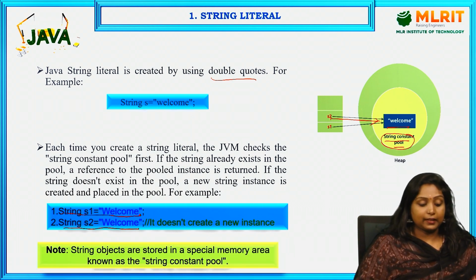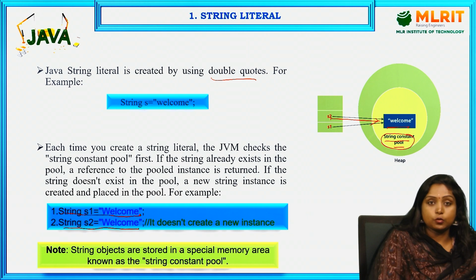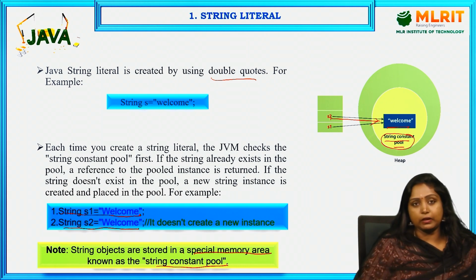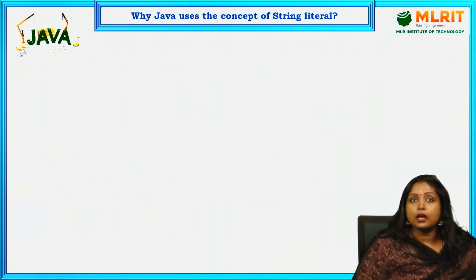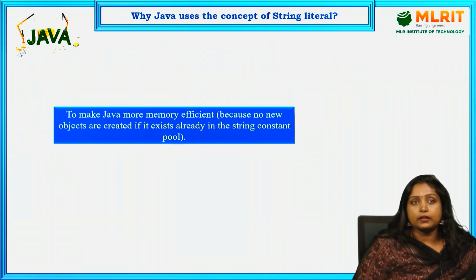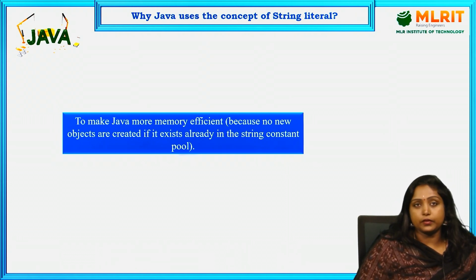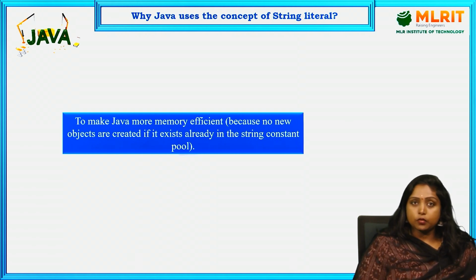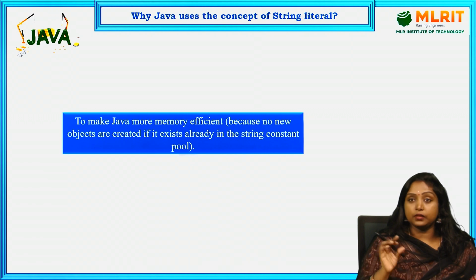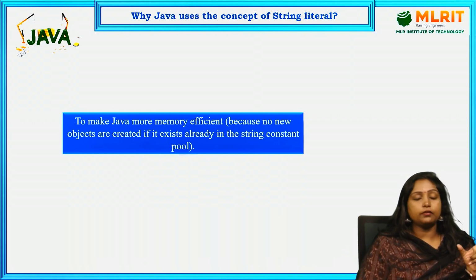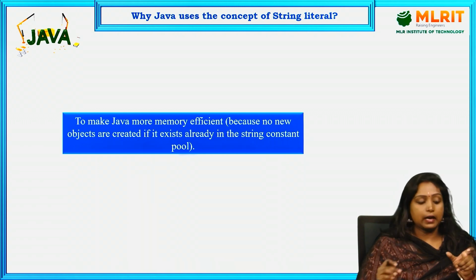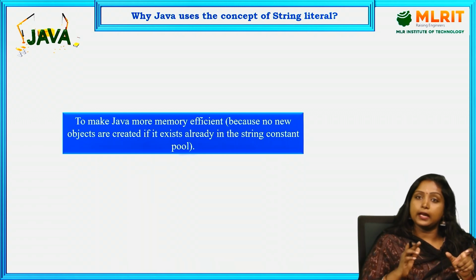Also, string objects are stored in a special memory area known as the string constant pool, which we have discussed just now. And why does Java have the concept of string literals? To be memory efficient, because whenever you create n number of objects with duplicate strings, it is better to take only one string and initialize it to n number of variables.